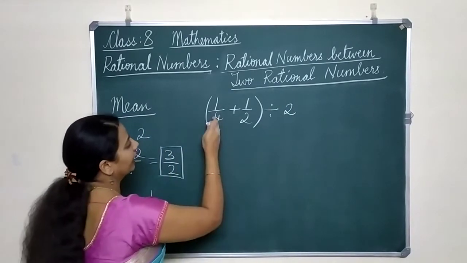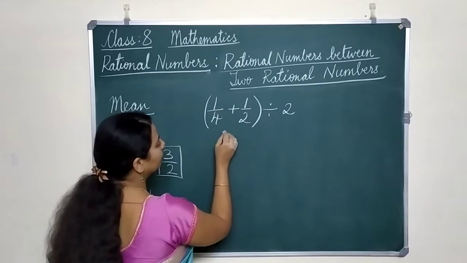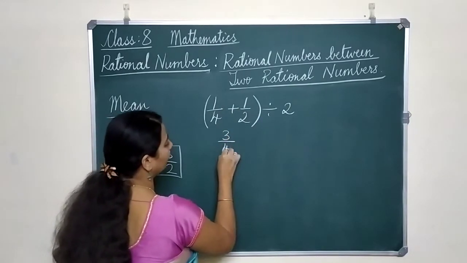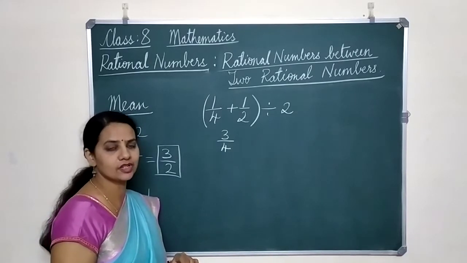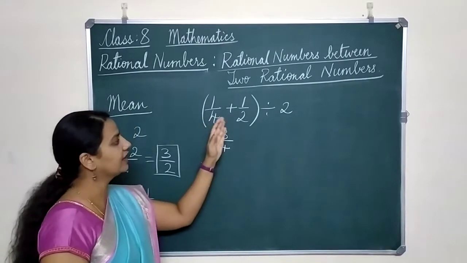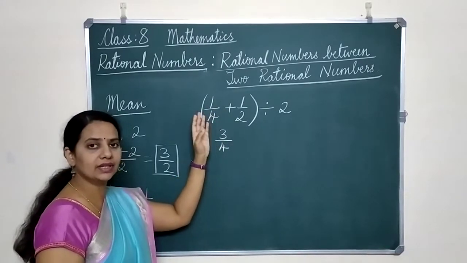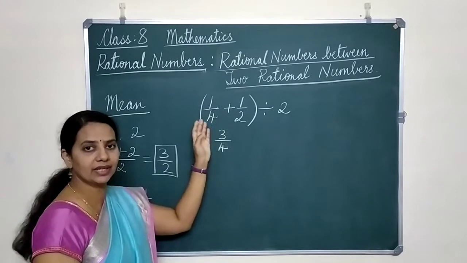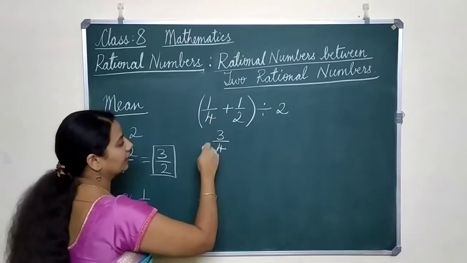When I add these two numbers, 1 by 4 plus 1 by 2 will be 3 by 4. I hope you all know how to do addition of fractions, right? You have to take the LCM, or you can do it the other way, finding the equivalent fractions, taking both as the same denominator, and then add.